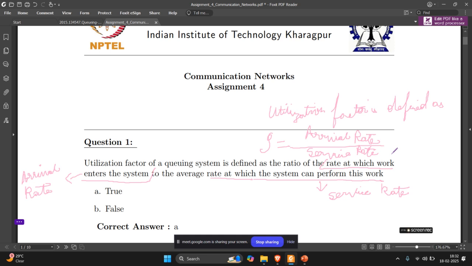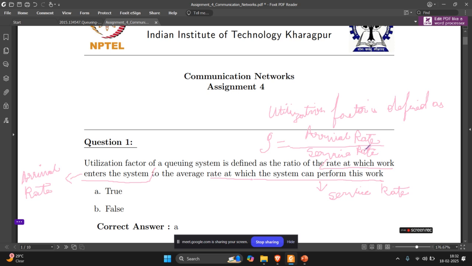Whereas the one who can work faster and has a processing rate of 2 packets per minute will only need 5 minutes. So he is getting utilized less, because he is not being used for as long a time as the one with the lower service rate.